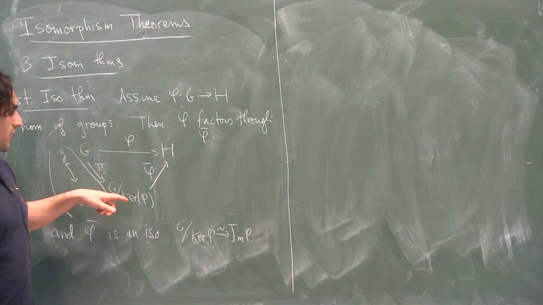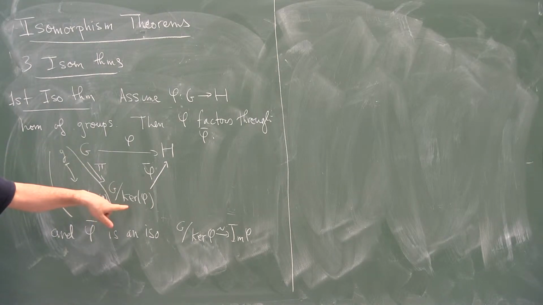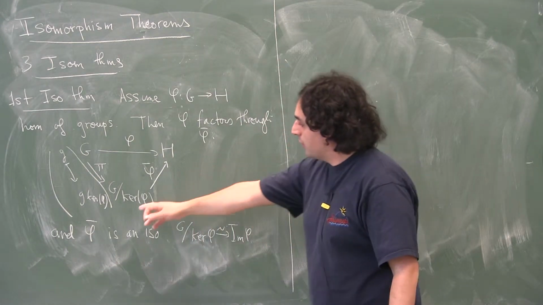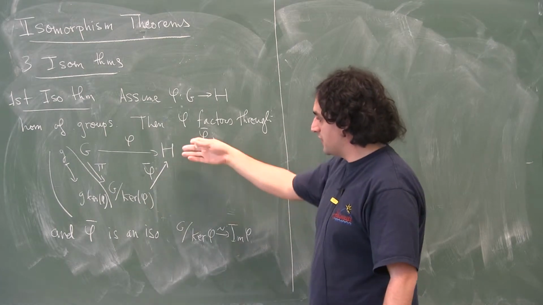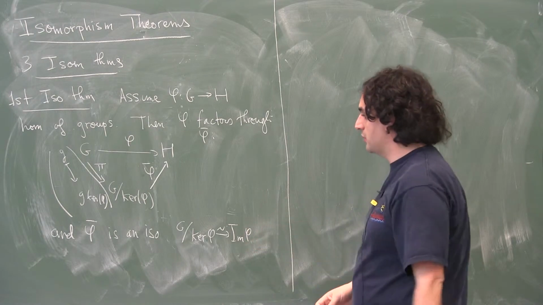So all this is saying really is that first we can factor through the quotient modulo the kernel, and then we are saying that this map phi bar is injective. Once we know it's injective, it's obviously surjective onto its image.